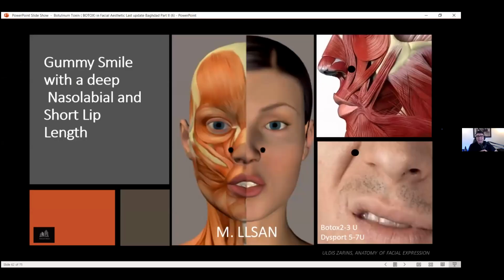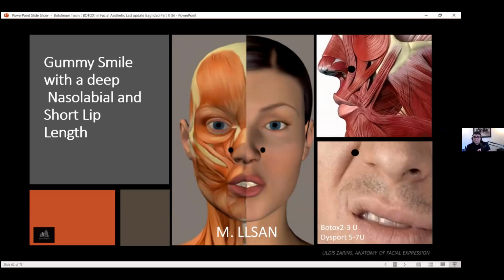With this slide, you're going to see how to check the gummy smile if your patient shows a deep nasolabial fold. Sometimes you have to choose the questions that move each muscle separately.